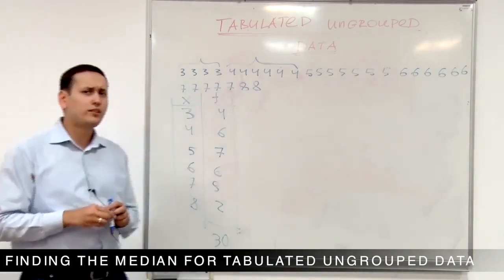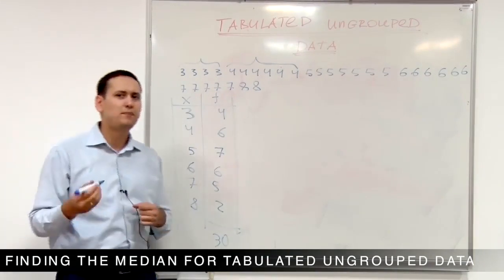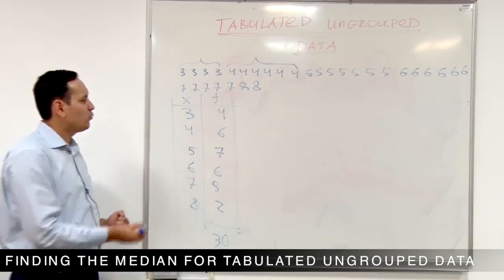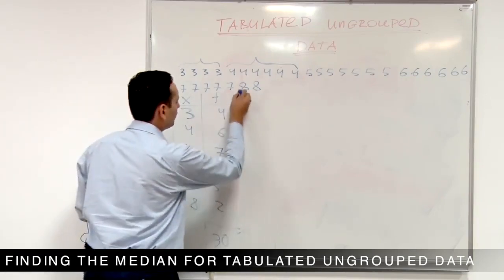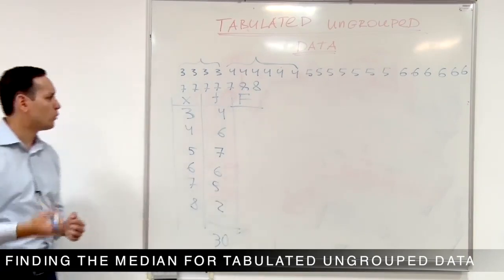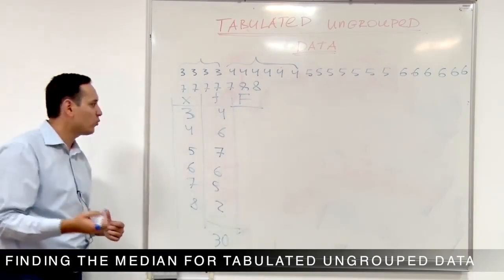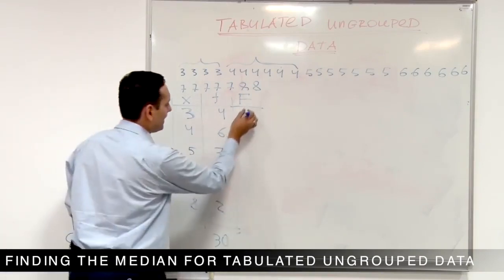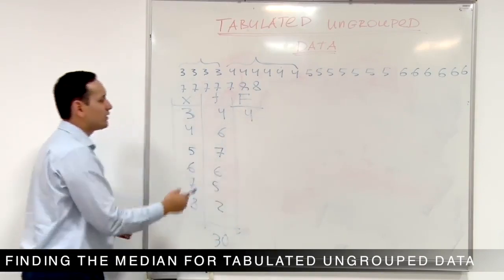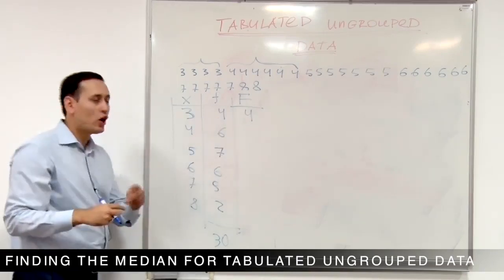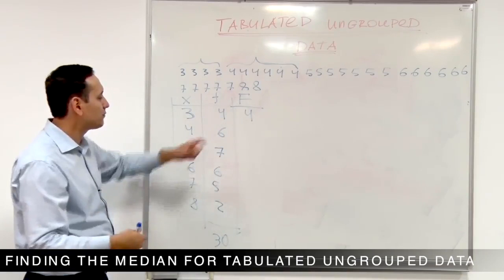In order to proceed with finding the median for tabulated data, we add another column, which is called the big F, which stands for cumulative frequency. Cumulative frequency is calculated as follows. First we put just the first frequency, and then we start accumulating the previous ones.